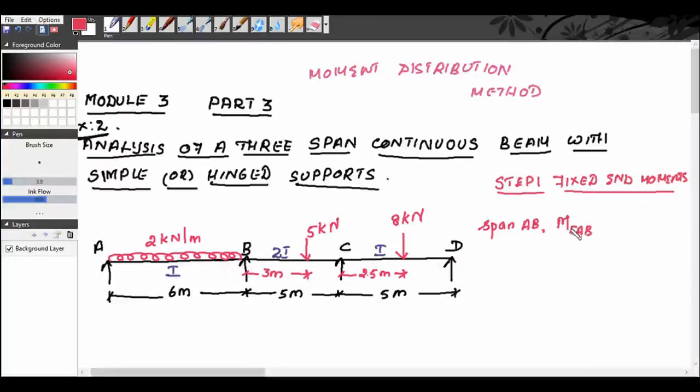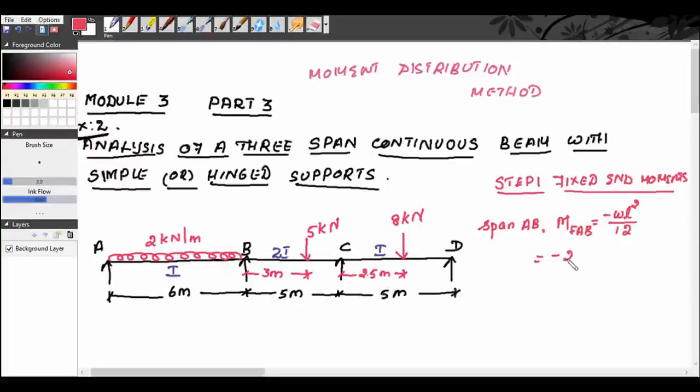So for the span AB, the fixed end moment MFAB. That means M means moment, F means fixed, A is the near end and B is the far end. So MFAB means the fixed end moment at A when the far end is B. It depends upon the type of loading and the span length. So MFAB is equal to minus WL square by 12.